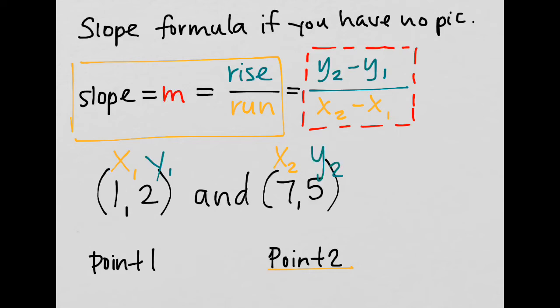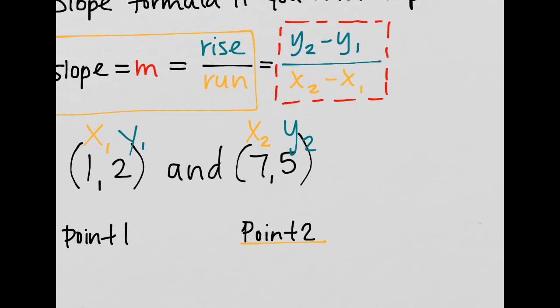Now all I have to do is substitute. So this guy goes here. This guy goes here. Okay, now I'm going to mark up the whole thing because it'll get confusing. Okay, so what is my slope? My slope would be y2 is 5 minus y1 is 2, all over, see, that's kind of like counting from here, here, here, right?